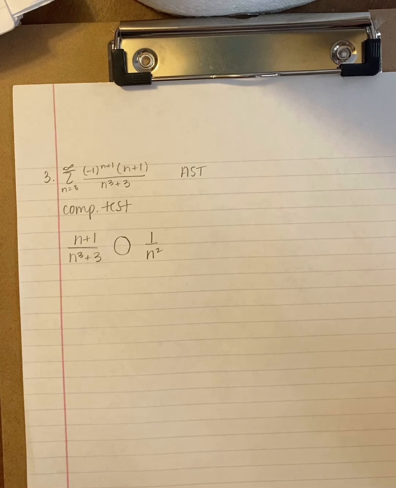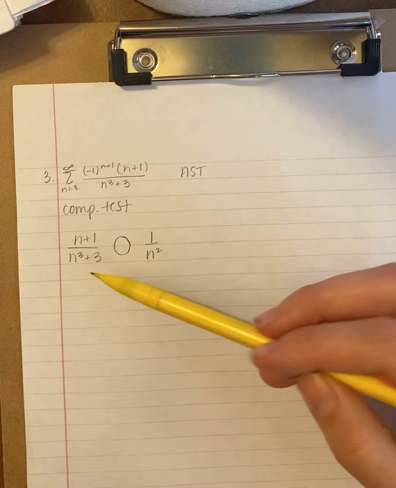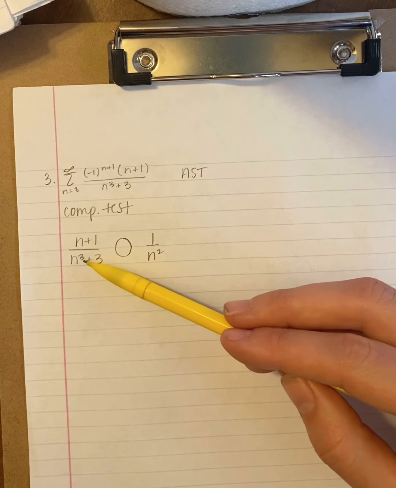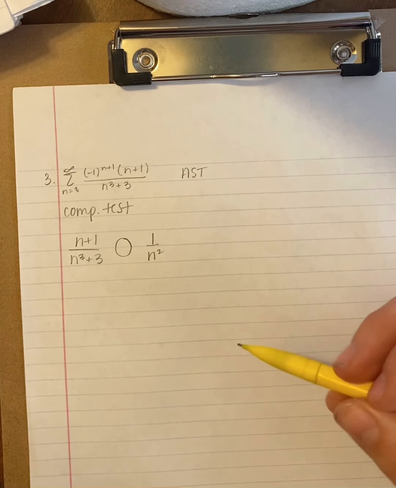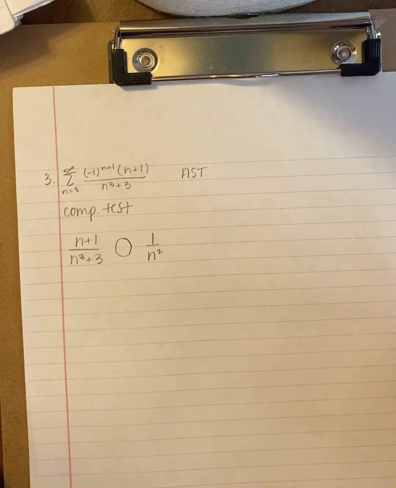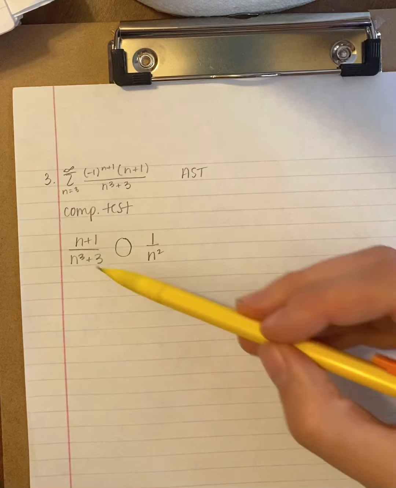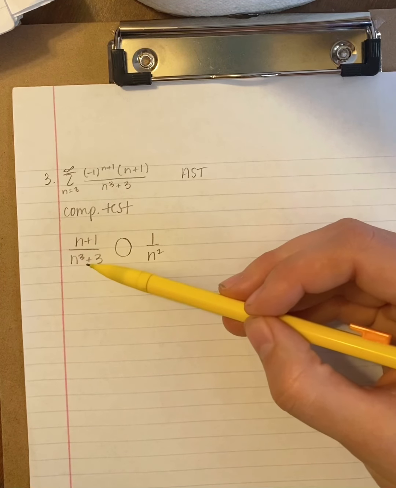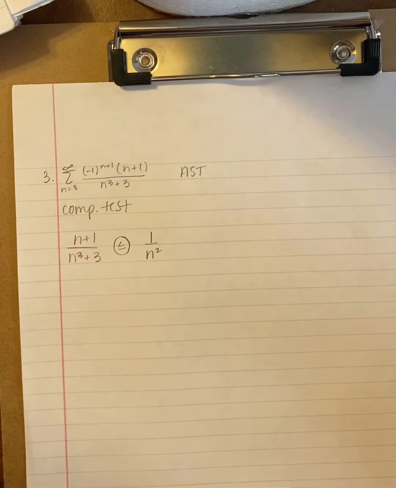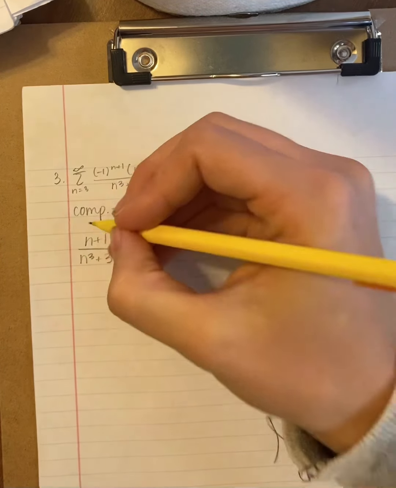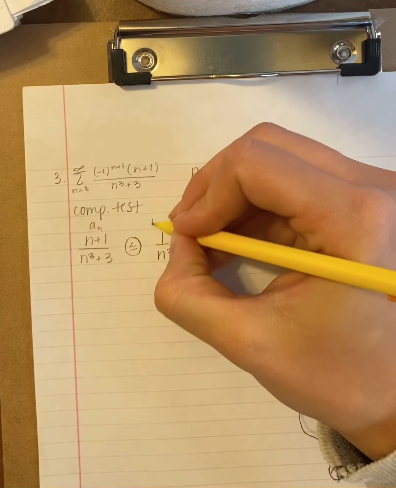Now when we compare that, n cubed gets a lot bigger, a lot faster than an n squared, and even just an n. So if this is getting bigger, the whole thing is getting smaller, so we know that that one's going to be smaller. And we have, this is a sub n and this is b sub n.